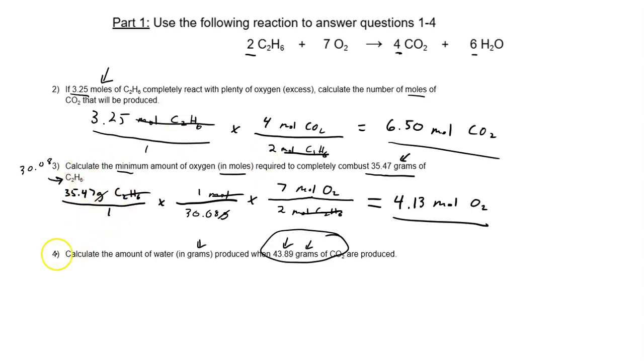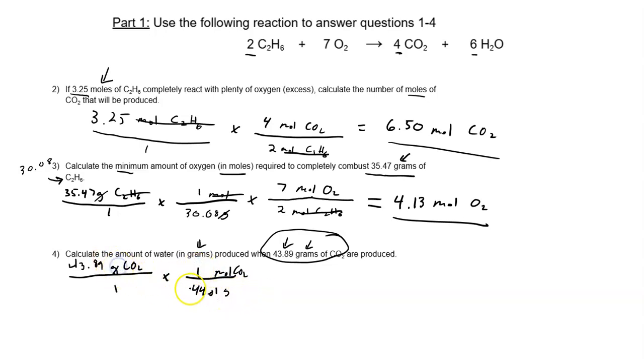So I have 43.89 grams CO2. So that's how much over here was actually produced. Put that in a fraction over 1. Convert that to moles by dividing by 44.01 grams per 1 mole.